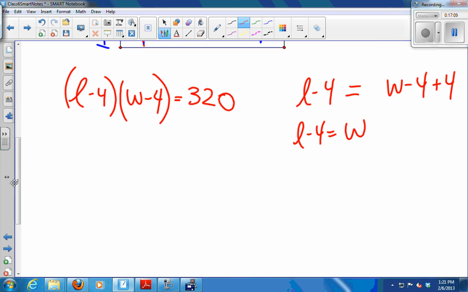And that's handy. I could just replace the L minus 4 in this equation with a W. So I have W times W minus 4 equals 320. L minus 4 is W, so I replaced this L minus 4 with a W.